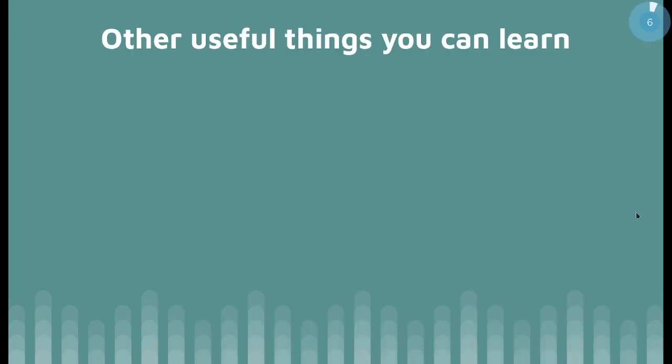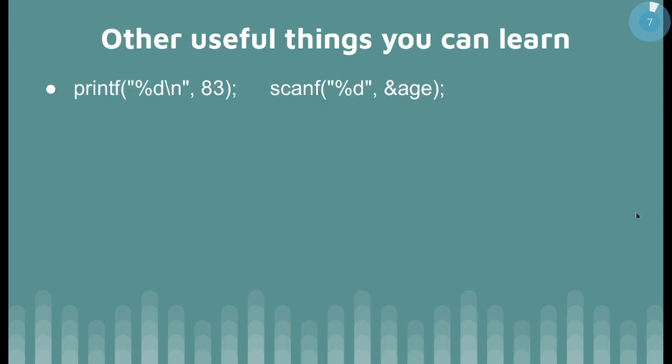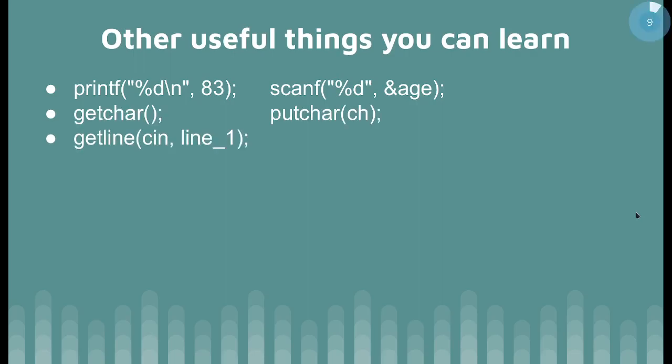And some other useful things for input-output that you can search and learn by yourself. Some of them are the same as C: printf, scanf. There are some functions to print something or get some input from the user which are the same in C and C++.